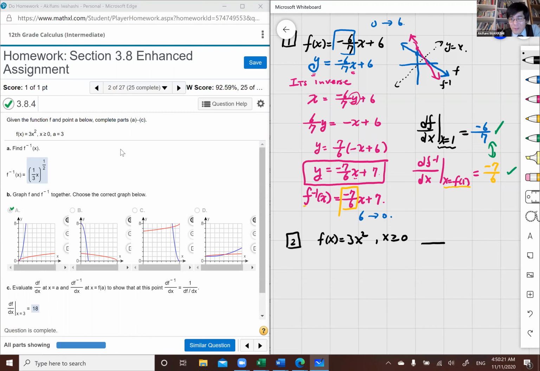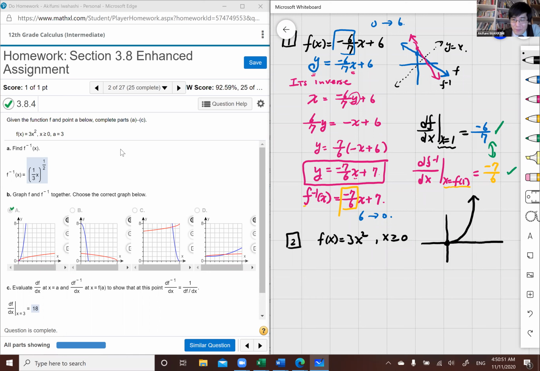A quadratic function in general does not have an inverse because it is not one-to-one; it fails the horizontal line test, since the horizontal line meets it at two different points. However, if you restrict the domain to the positive side only, then this is a one-to-one, monotonically increasing function. So this has an inverse.